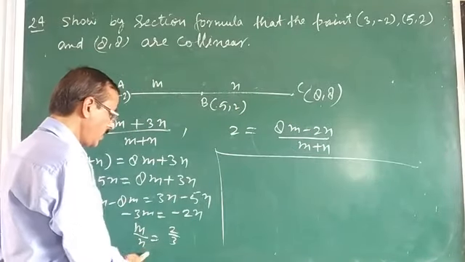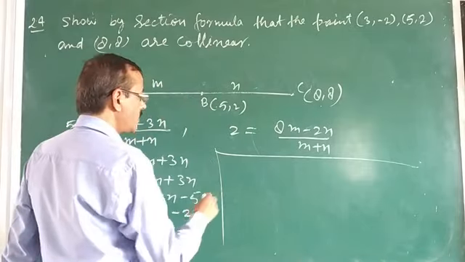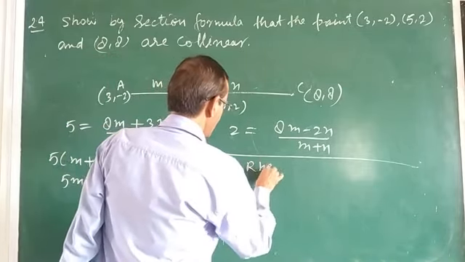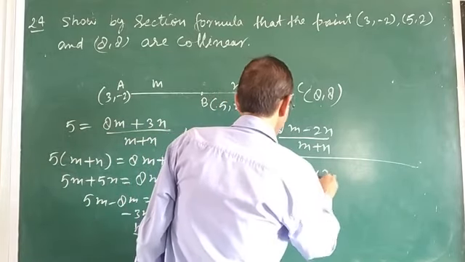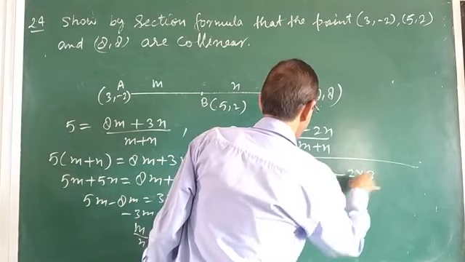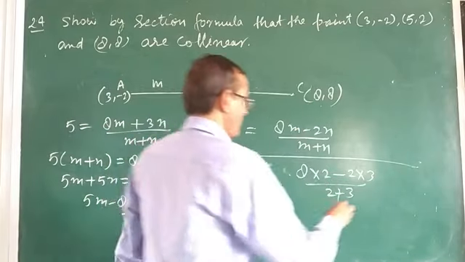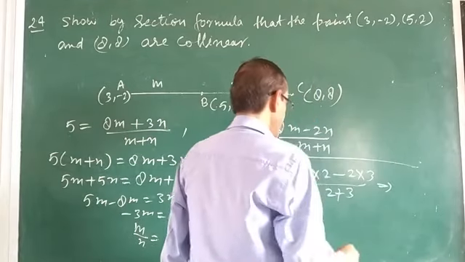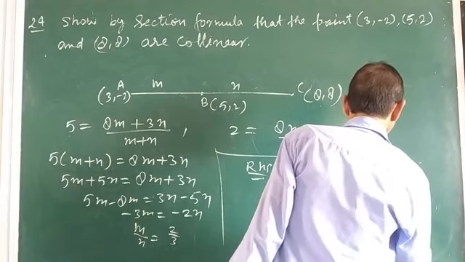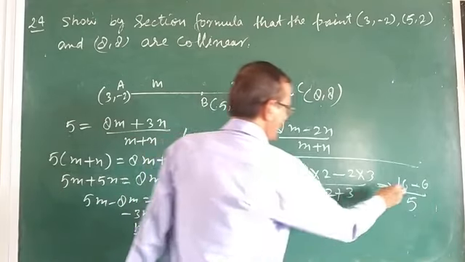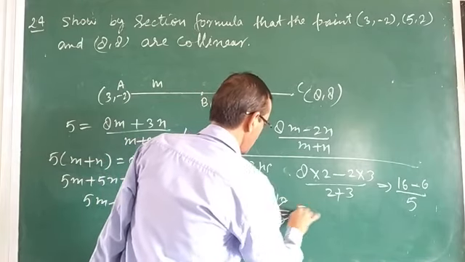m is equal to 2 and n is equal to 3. So by RHS, if you see, 8 into 2 minus 2 into 3 upon 2 plus 3, that will be equal to 16 minus 6 upon 5. 16 minus 6 means 10 upon 5, that is equal to 2.